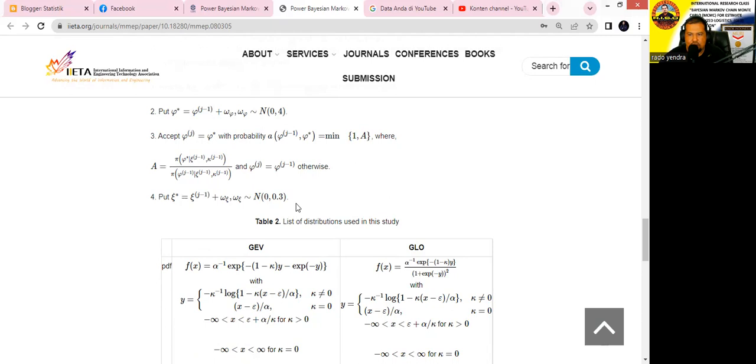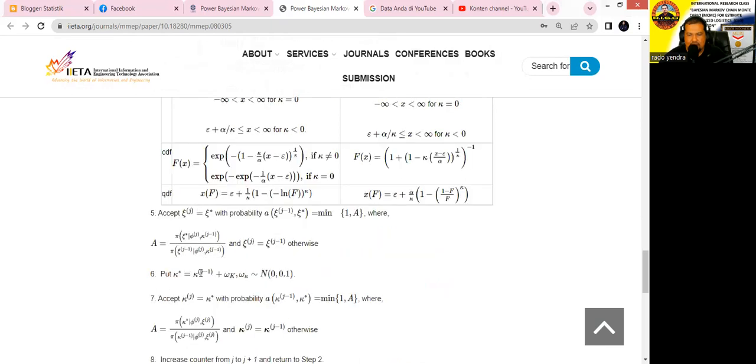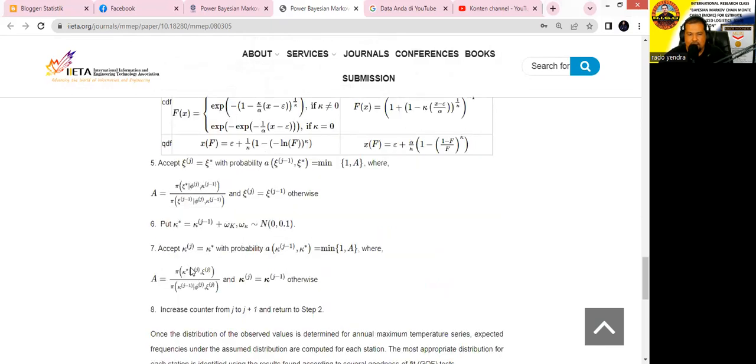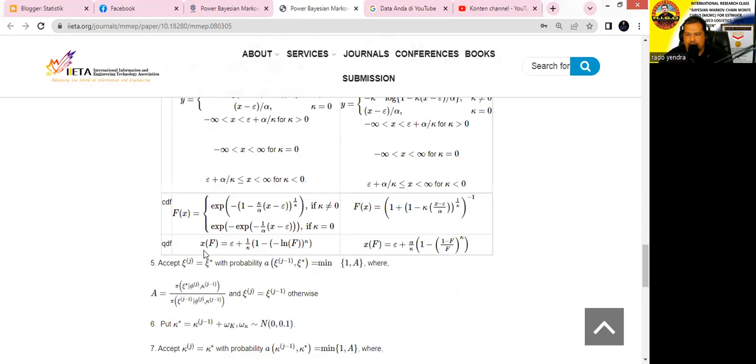And then we produce the parameter c star, until we have succeeded in producing the parameter kappa. We talked about this algorithm in the first discussion about how to use MCMC to solve the parameter for GEV. Now we continue for GLO with the same algorithm, of course with a different density function.